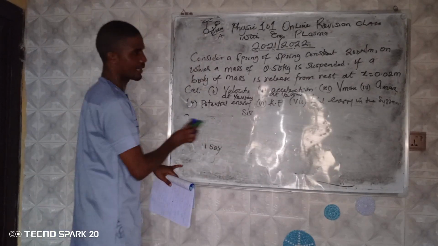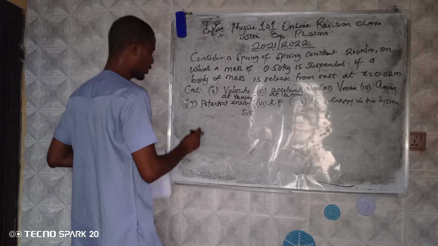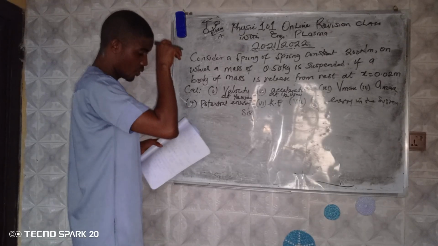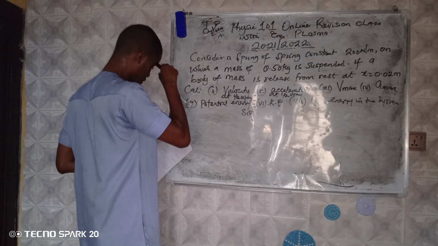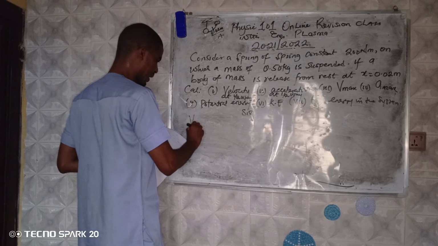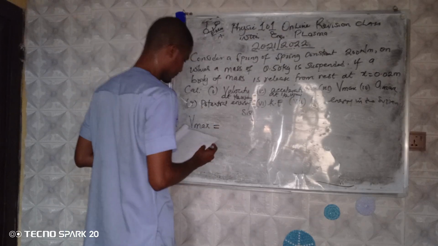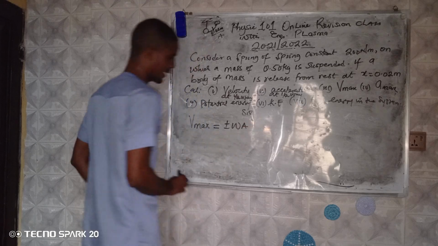Then the next one says we should calculate maximum velocity. Remember that maximum velocity occurs at the equilibrium position. That is the position where our x is equal to what? 0. So we are going to say V maximum is equal to plus or minus WA. You remember that?